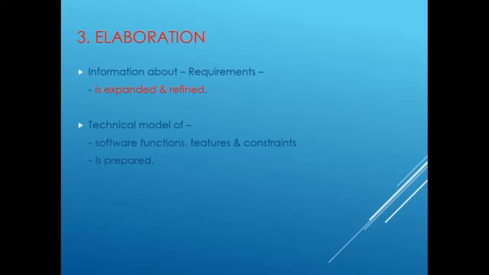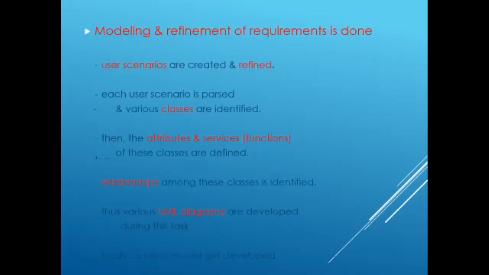In the third elaboration phase, information about requirements is expanded and refined. That means the information about that requirements is very expanded and refined. The technical model of software function, features and constraint is prepared. Here modeling and refinement of requirements is done. User scenarios are created and refined.